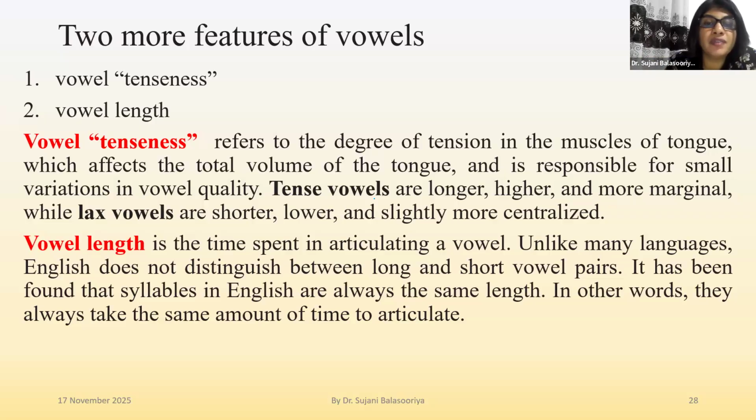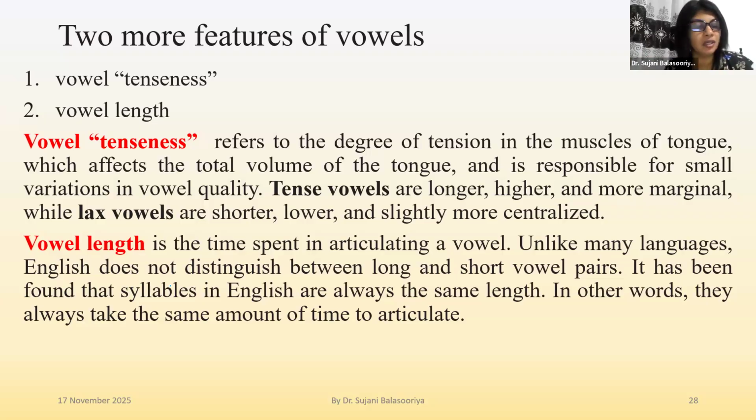And the opposite of tense vowels is lax vowels. Lax vowels are shorter, lower, and slightly more centralized. We find lax vowels mostly in the middle of the word. So that is one feature, tenseness.